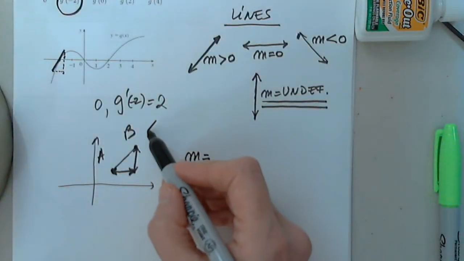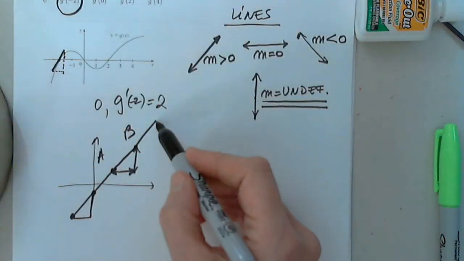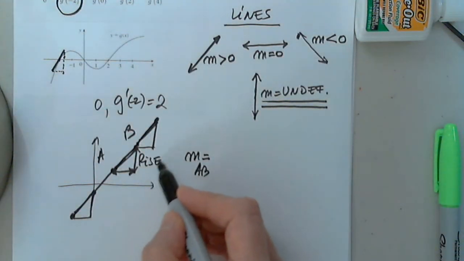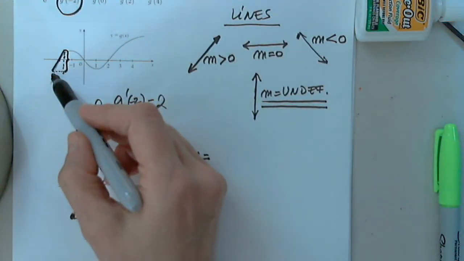Does it matter where I determine the rise and the run? Does it matter? As long as this is the same distance, of course. So this is the rise, this is the run.